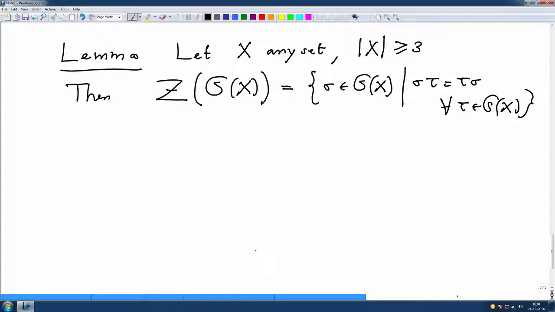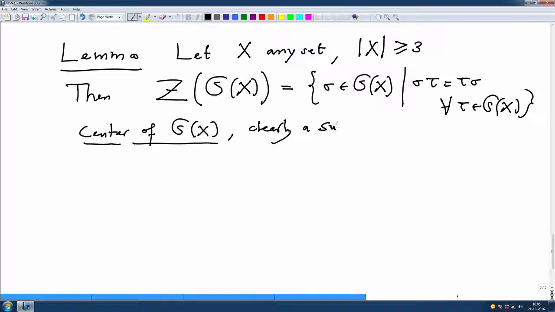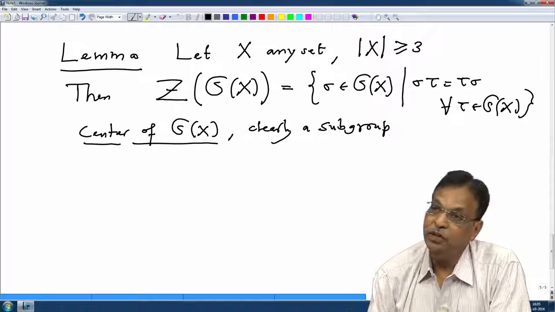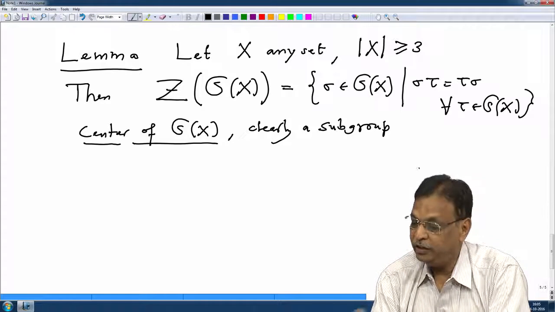So this is called the center of Sx. It is clearly a subgroup, because if sigma commutes with every tau, then if you multiply this equation from this side by sigma inverse and that side by sigma inverse, sigma inverse will also commute, and so on.